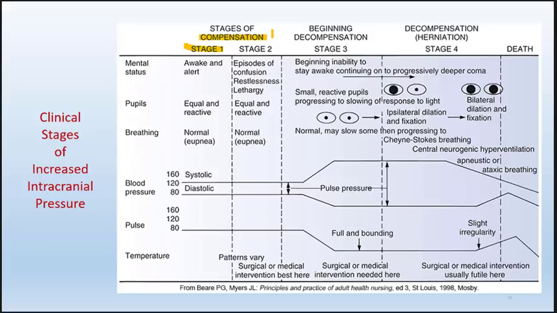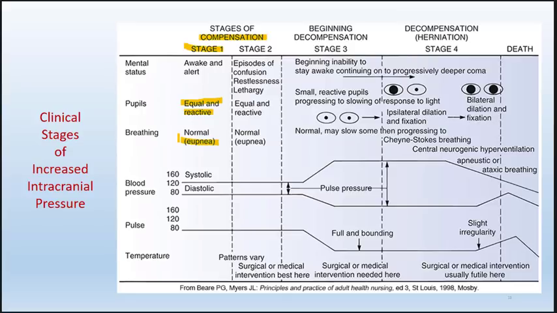The person's awake, they're alert, their pupils are equal and reactive. So if you shine a pen light into the person's pupil, it will constrict, and this would be evident equally on both sides. Their breathing is normal. If you remember from normal anatomy, the term eupnea refers to normal breathing.